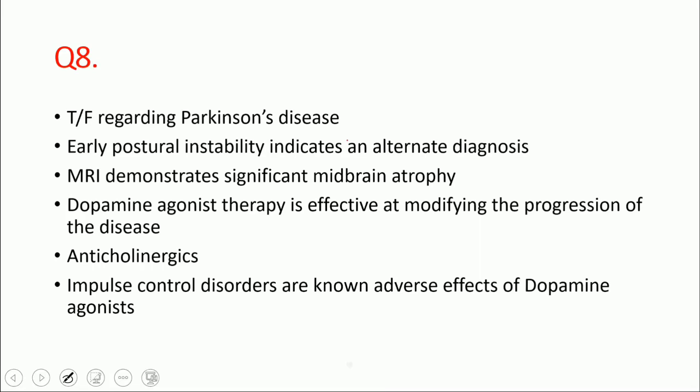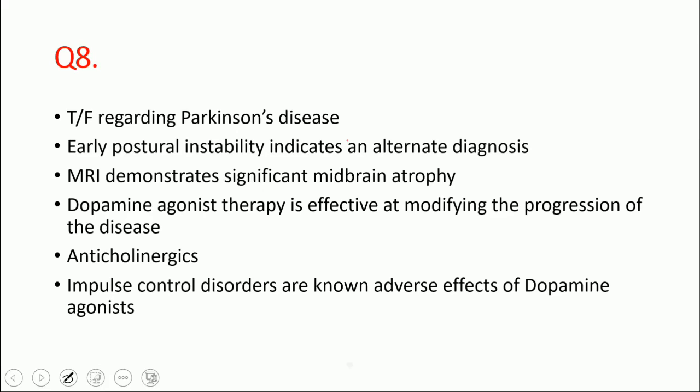So presentation with recurrent falls. That is the presentation. So one is early onset dementia, number two is very significant autonomic manifestations like postural hypotension, then there are recurrent falls as the presentation of the disorder, right?